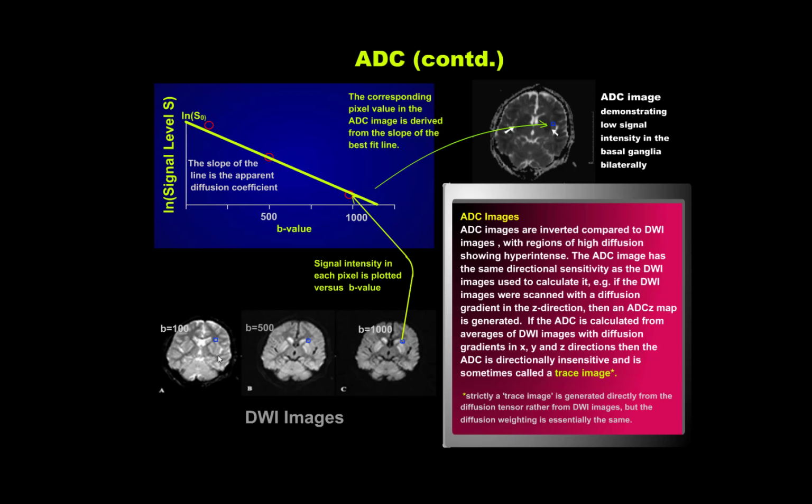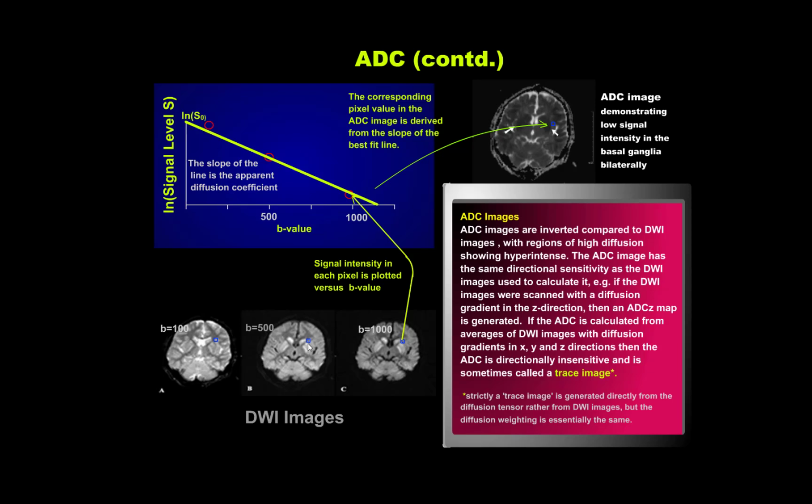What it will do in the analysis is move around pixel by pixel, and for every pixel it will, in the computer's mind, generate a graph. And the graph will be, as on the previous page, the signal level, or the log of the signal level that was measured, versus the B value. So for example, this pixel at this B value is plotted.